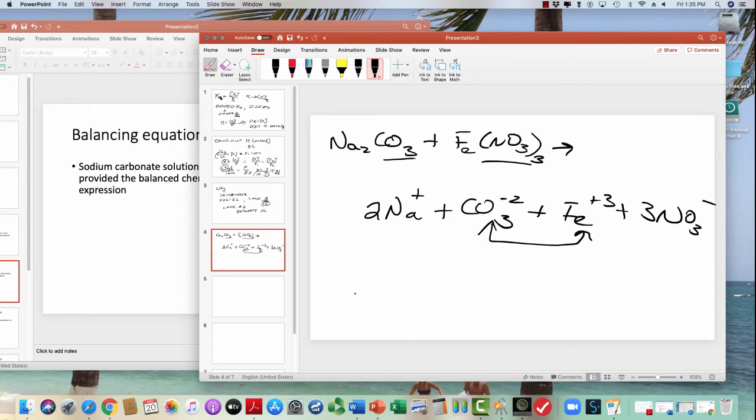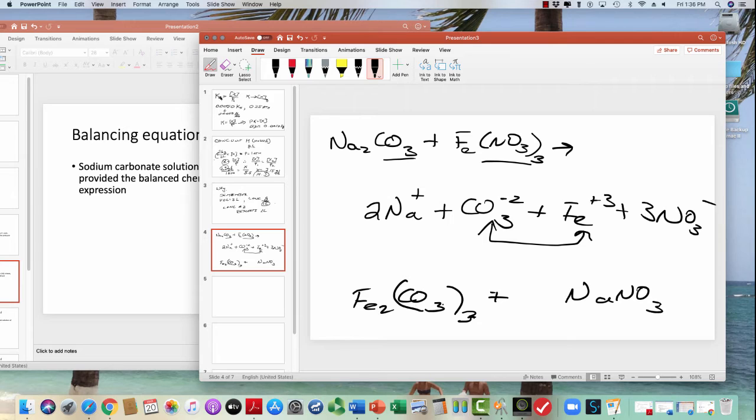So this is going to be Fe2(CO3)3, and then we're going to have NaNO3. We need to figure out what that coefficient is.